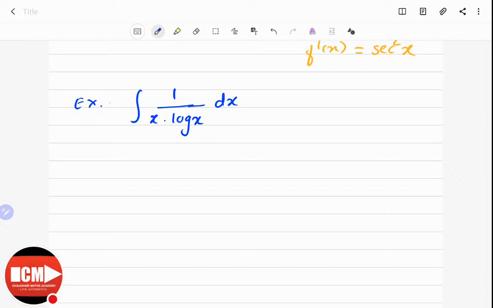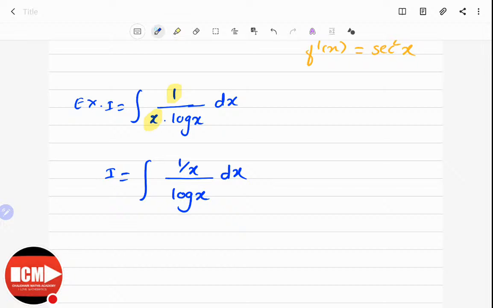So friends, this is all about rearranging a term. This 1 by x is 1 in the numerator and x in the denominator. We can express it as 1 by x as a part of the numerator and log x as the denominator. Try to observe this very carefully.